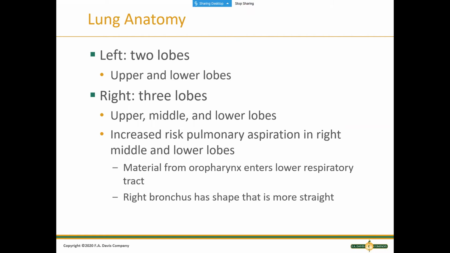Another great sign of aspiration, I learned this from a speech therapist. Speech therapists are the experts on swallowing problems and aspiration pneumonia. She said, look at somebody's eyes. If you don't know if they're aspirating, look at their eyes because they will always tear up.